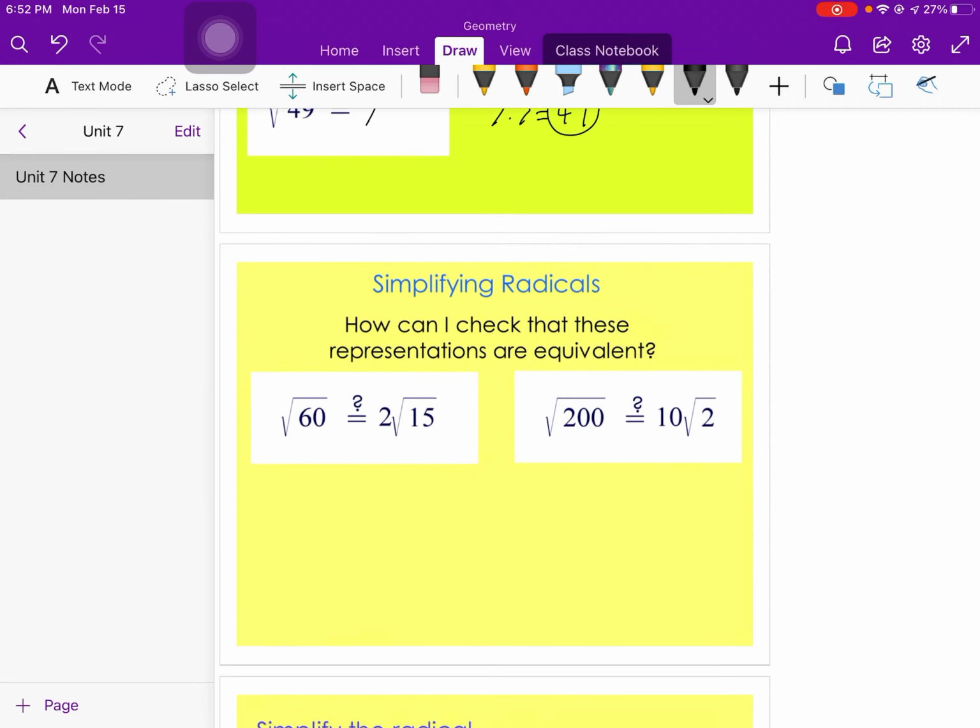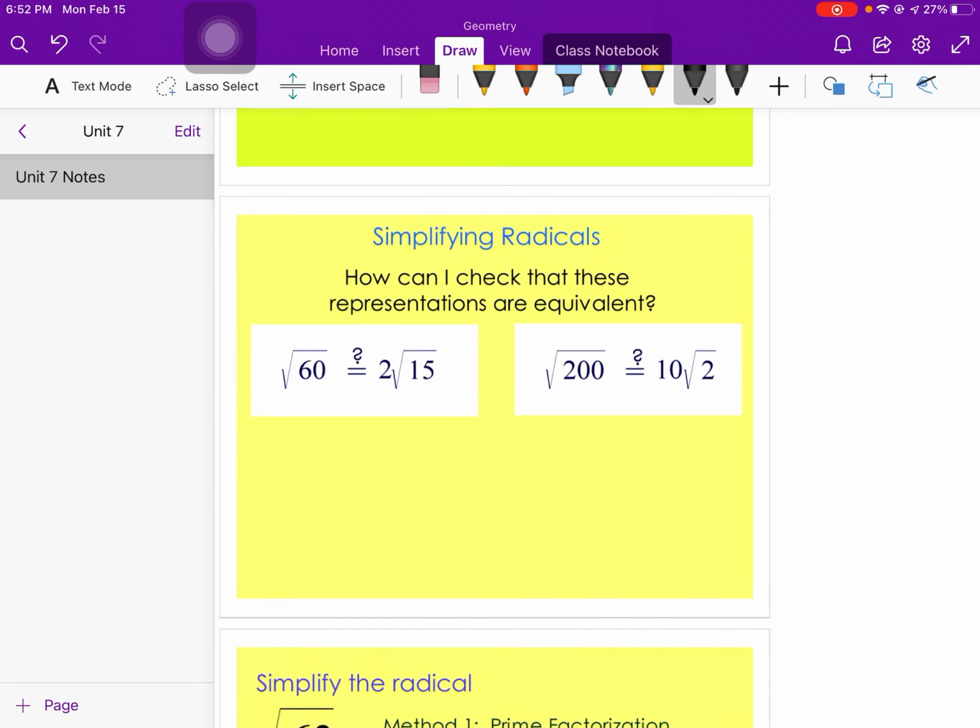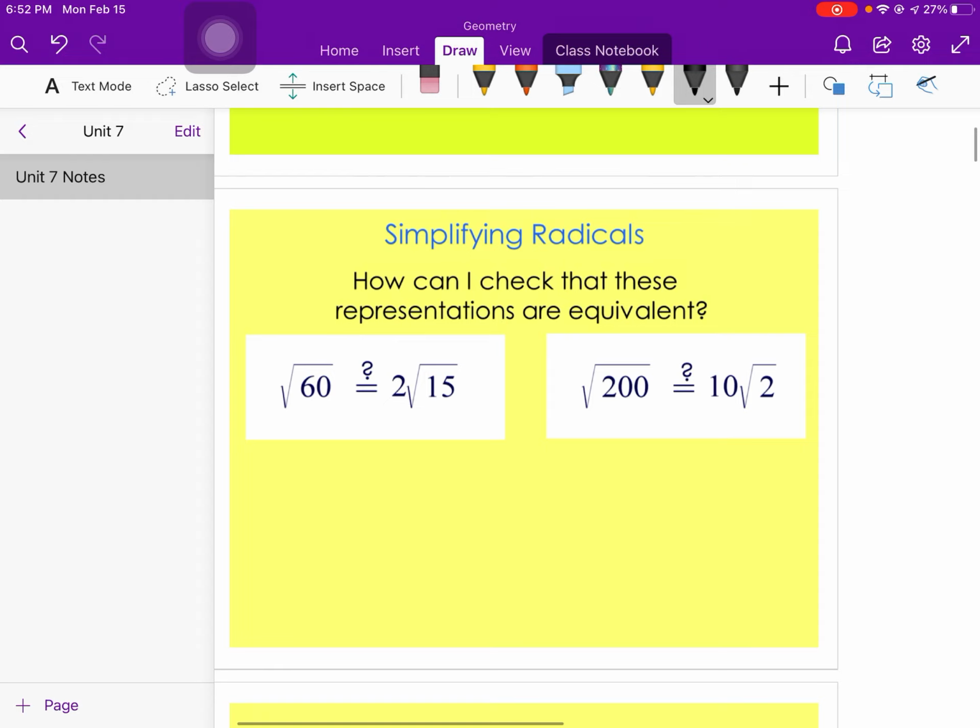So when we're simplifying radicals, sometimes we don't always have perfect squares, but we can represent them in ways that are equivalent. So 60, if you recall, you can break that up into 2 times 30. We do this factor tree method a lot. I'm sure a lot of you are comfortable with that. And then 30 breaks into 2 times 15, and 15 breaks into 3 and 5.